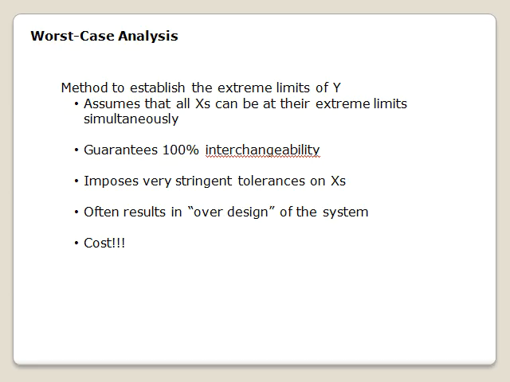So worst case analysis is a method to establish the extreme limits of y. Assume that all x can be at their extreme limits simultaneously. It guarantees 100% interchangeability, but imposes very stringent tolerance on x.